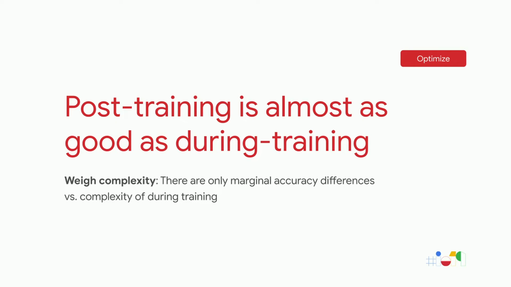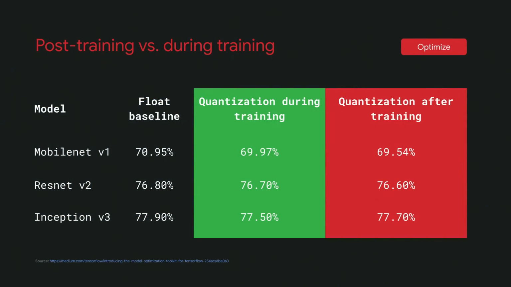If you're an advanced practitioner, have access to the model and the training data, then during training quantization might be for you. But for most, post-training quantization can almost have the exact same effect on size and accuracy. So here, you can actually see the difference, and there's really only marginal differences between during training quantization versus post-training quantization. So again, please try and start with post-training quantization first.